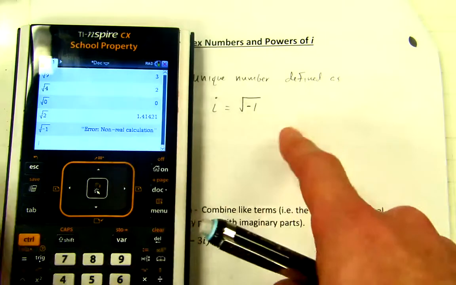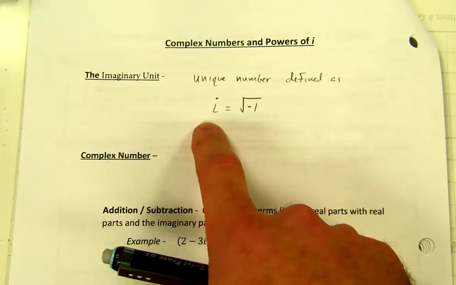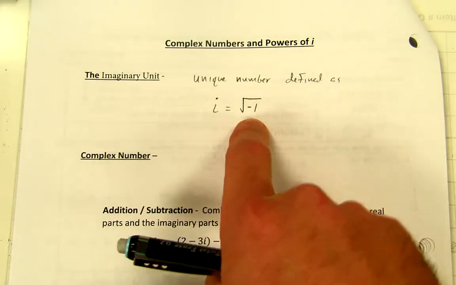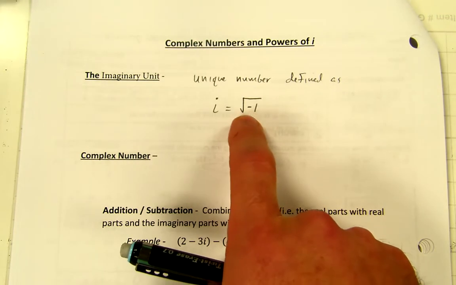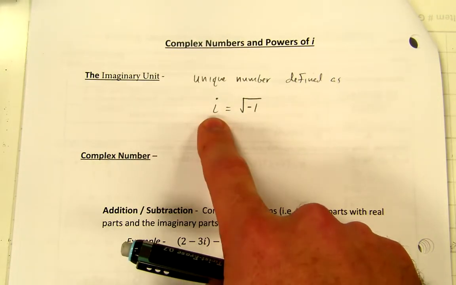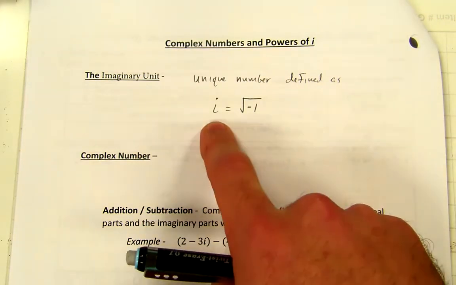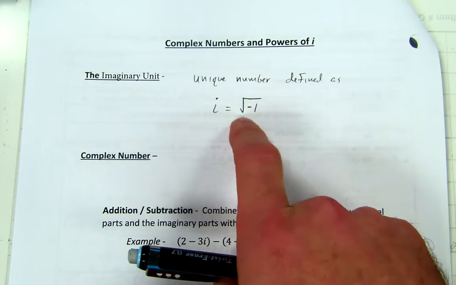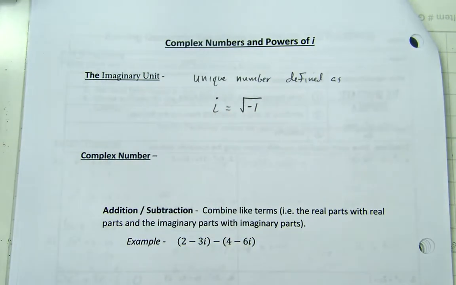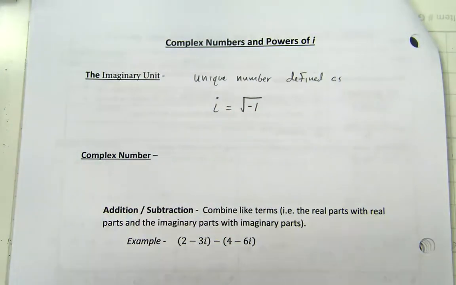So we have to put this definition of i that is the square root of -1. Anytime we have the square root of -1, we can use i in place of that. That just lets us work with square roots of -1, any square root of a negative number.